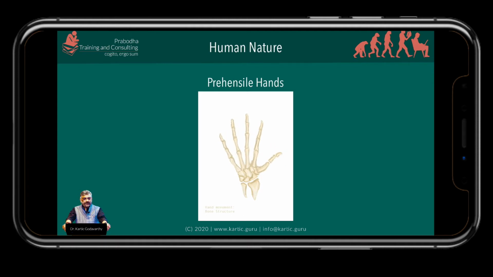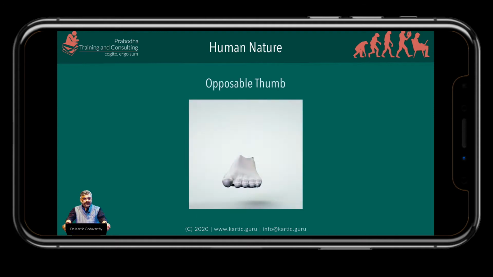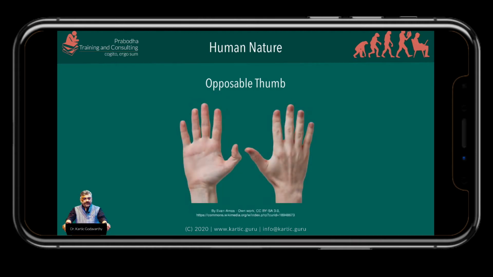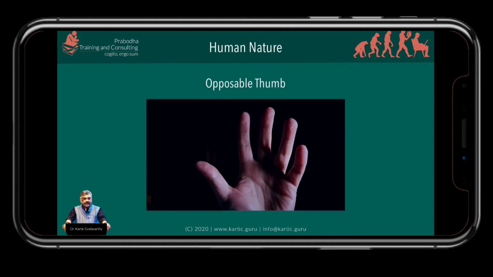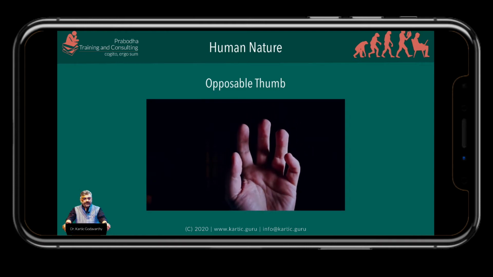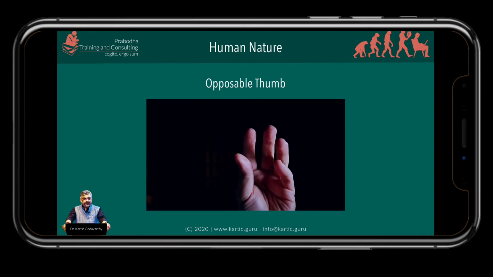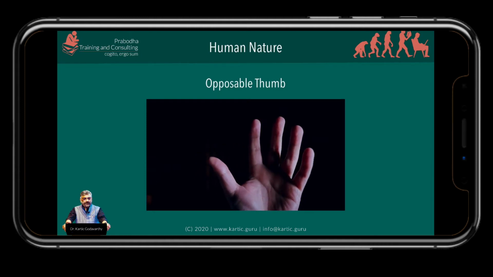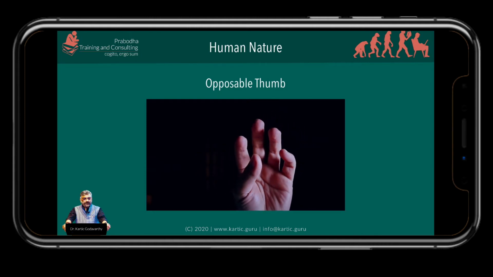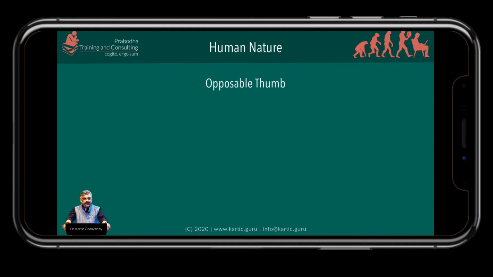Second is, look at your leg. All the 5 digits or toes are in the same plane. Whereas in your hand, all these 4 fingers are in one plane, in one axis, your thumb is in an opposite plane. And not only that, you developed an ability to move this thumb independently of the other 4 fingers. You don't have an ability to control the movement of your toes the way you have an ability to control the movement of your fingers.